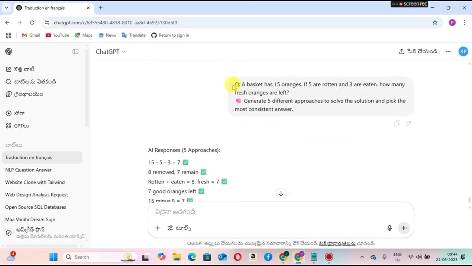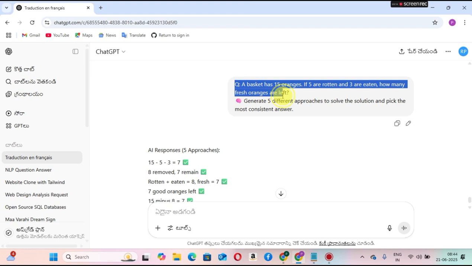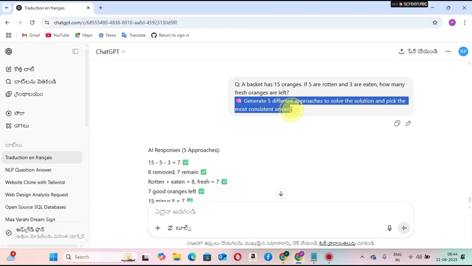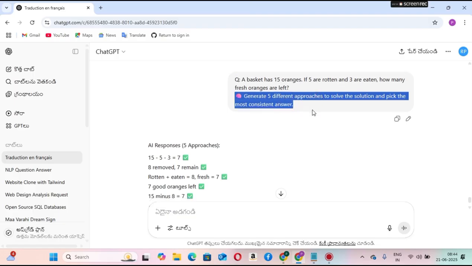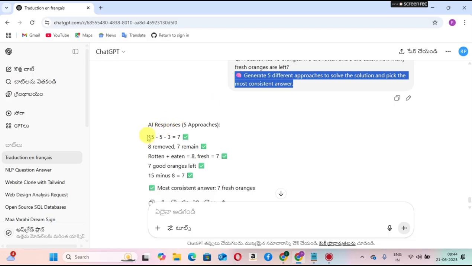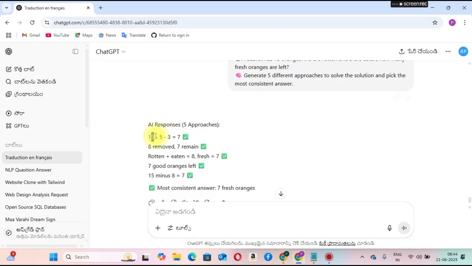Now let's consider another example. A basket has 15 oranges. If 5 are rotten and 3 are eaten, how many fresh oranges are left? Generate 5 different approaches to solve the solution and pick the most consistent answer. Here the AI responded in 5 different ways. The first way is 15 minus 5 minus 3 is equal to 7, subtracting 5 and 3 from 15.